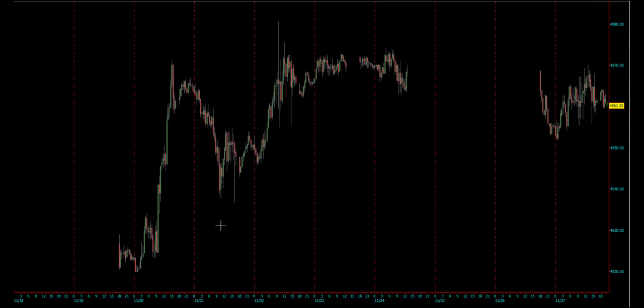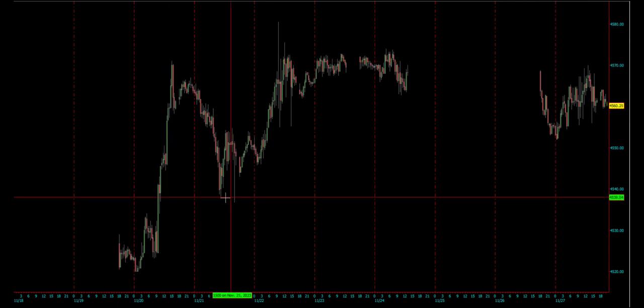To help us find good pivots, this can be a pivot, this can be a pivot, this can be a pivot, this is also a pivot. So these are pretty strong pivots, as the market is really aggressively moving away from these hidden points.